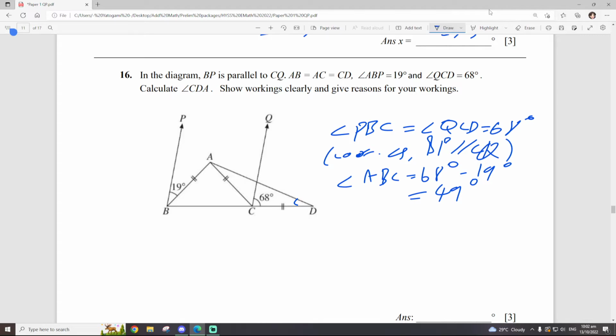A bit tricky. Oh, actually, I have a bright idea. Angle ACB is also 49 degrees because of base angles of isosceles triangles.